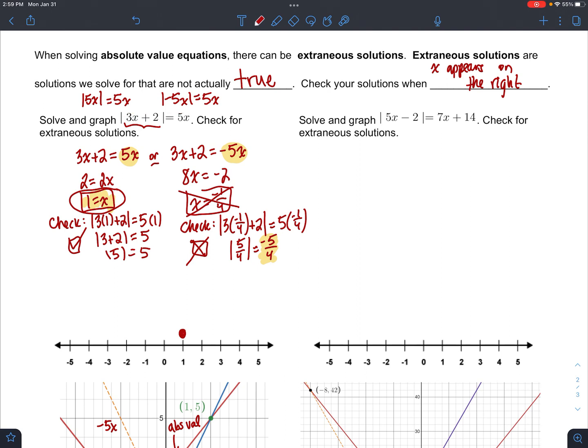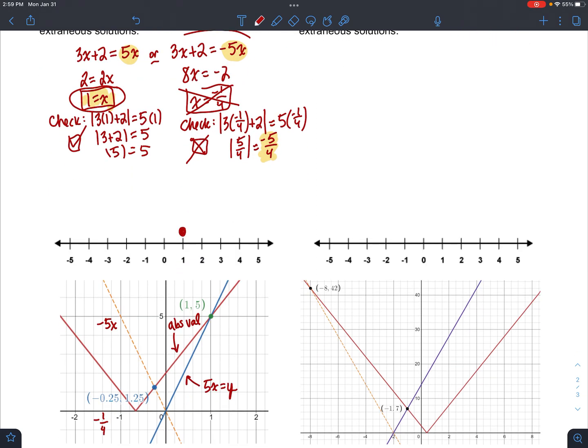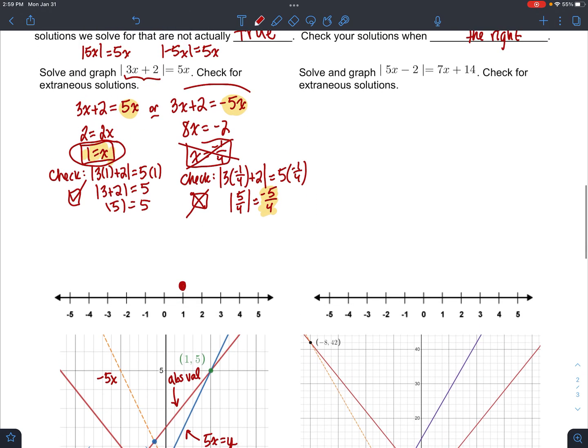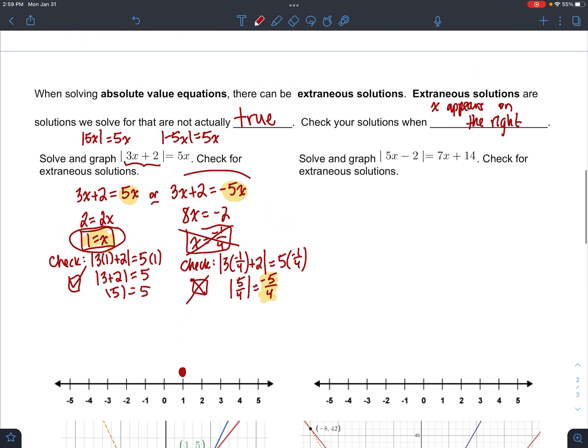That was a technique that we took to try and find all the solutions, but we failed when we chose this route. So that's why it's a dotted line, because the blue line is 5x, and the absolute value is that V shape. But we only have one real solution here. The other one is kind of made up. It doesn't work.